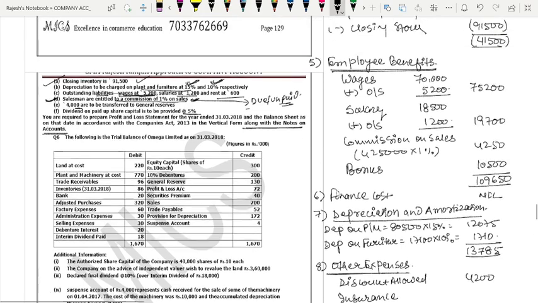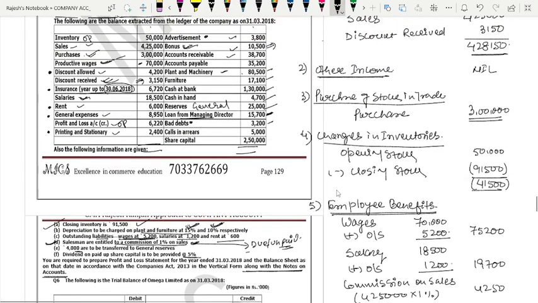Then insurance. Insurance is how much? 6,720. Out of this 3 months is prepaid, because insurance is paid up to 30th June 2018 and our year is closing on 31st March. April, May and June 2018 is prepaid advance period.